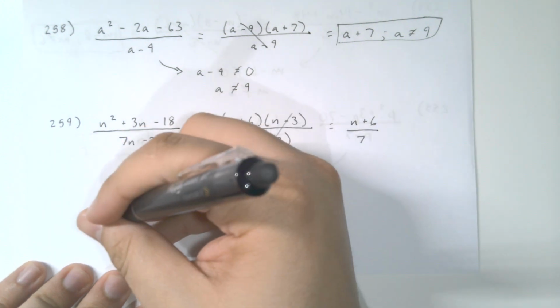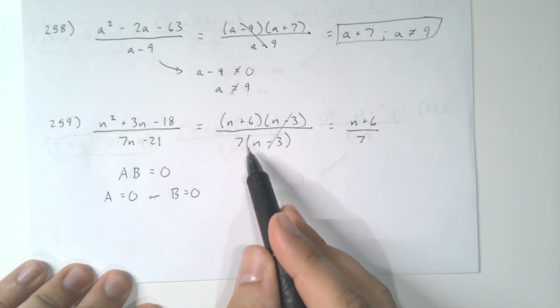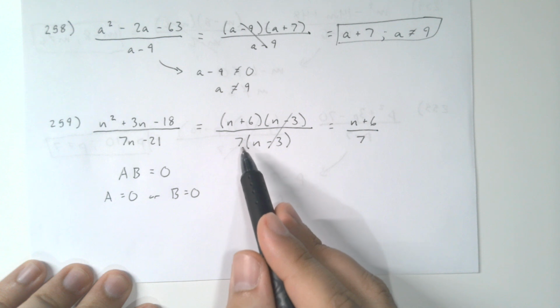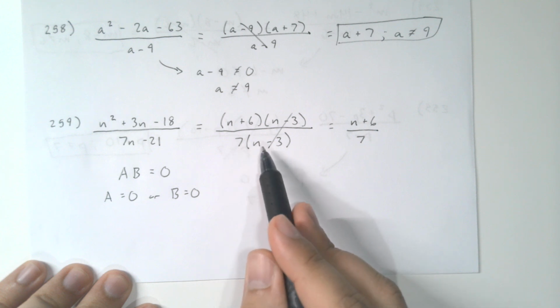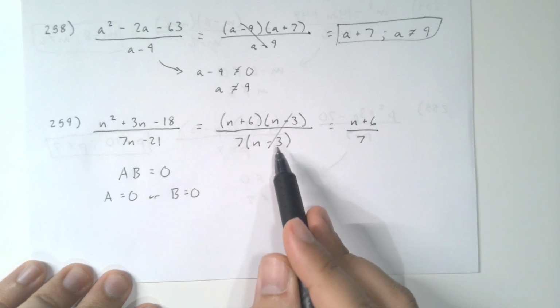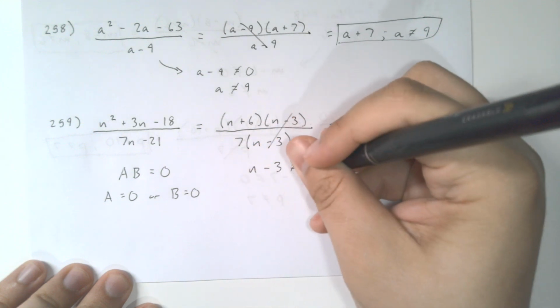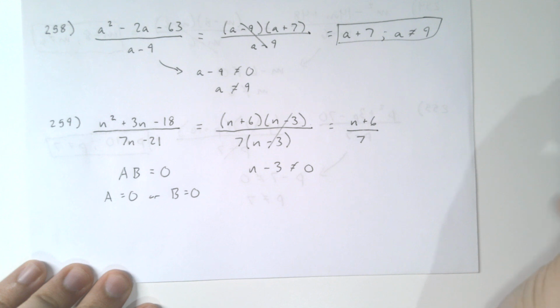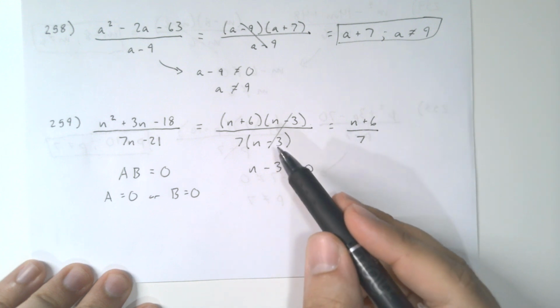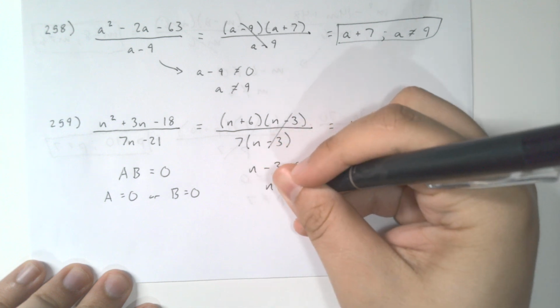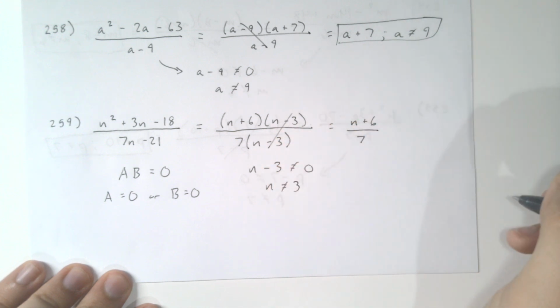Well, 7 times all of this can't be equal to 0, so it doesn't make sense to say that 7 is equal to 0, but we do have this n minus 3 can't be equal to 0. So really all we have to do is flip the sign on this, and we have n can't be equal to 3.